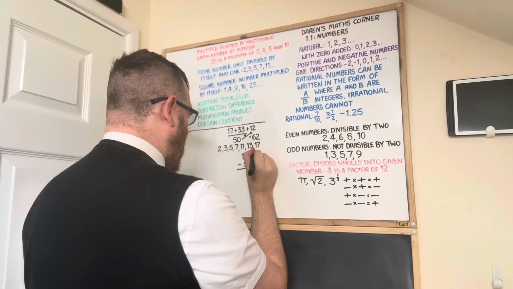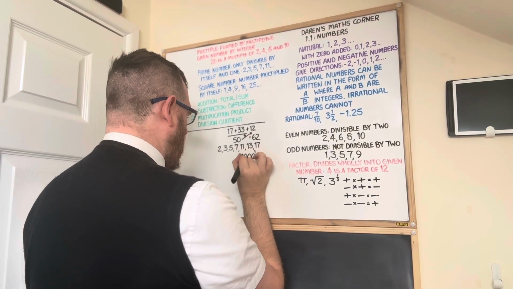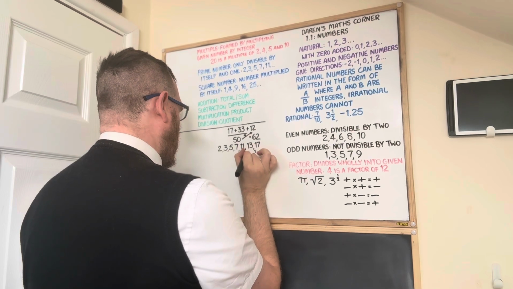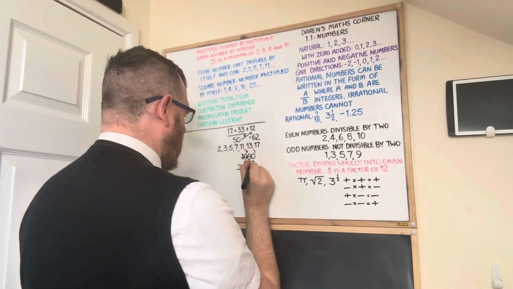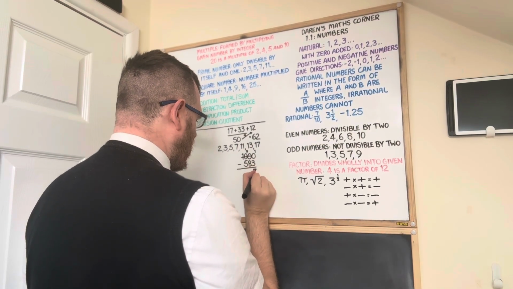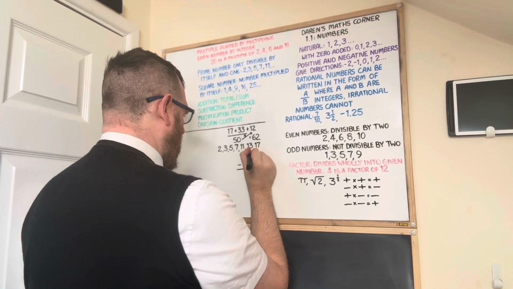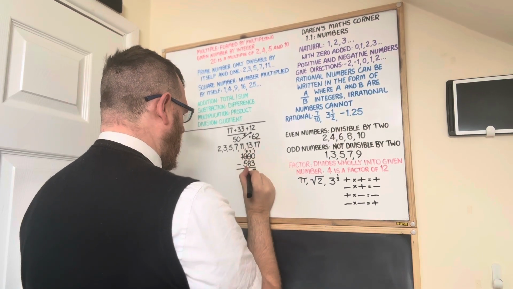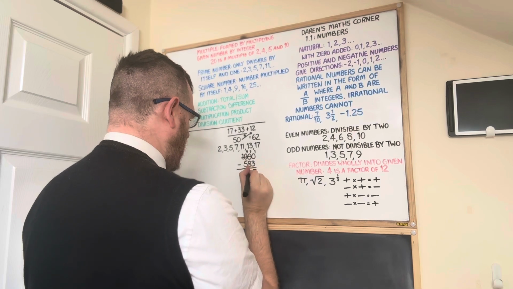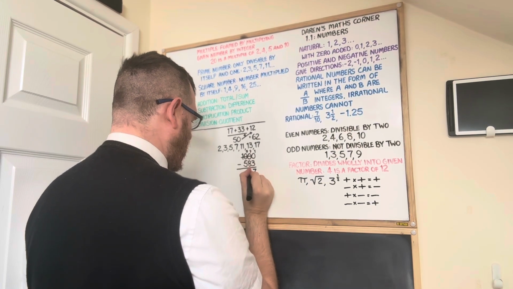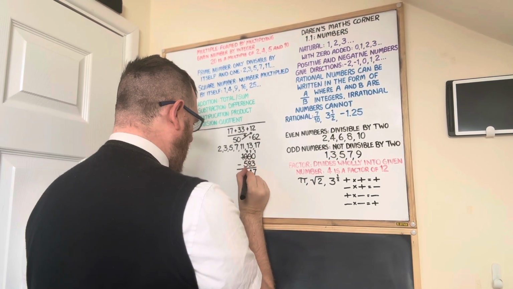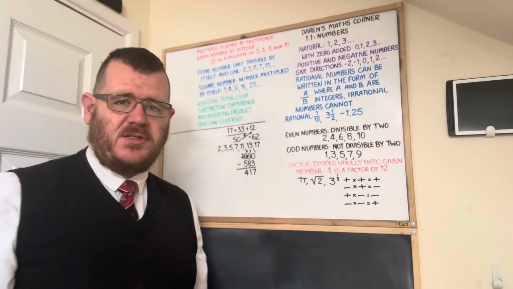And then you've got that. And then you've got that 7. And 1. And 9 minus 5 is 4. And there's your answer.